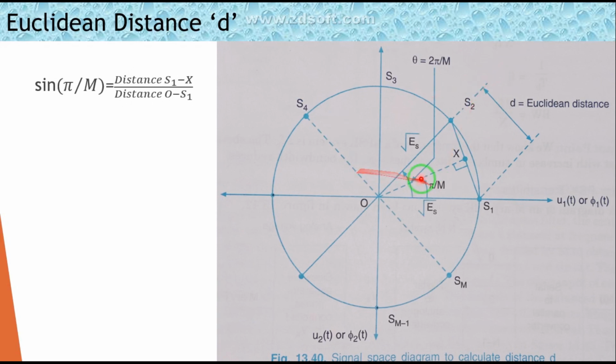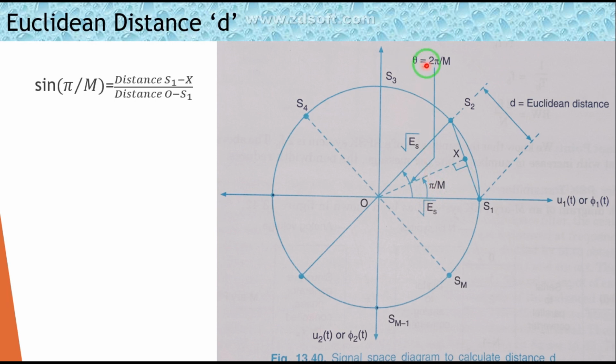So we know that sine theta, where theta is pi by M. How to find it? We have drawn this perpendicular line onto this base, that is S1 S2, this dotted line. It is a 90-degree angle, and this is your theta. Here theta is pi by M. Why?